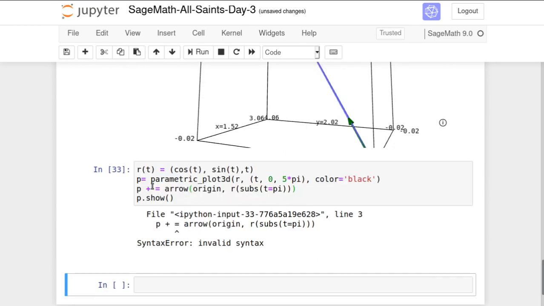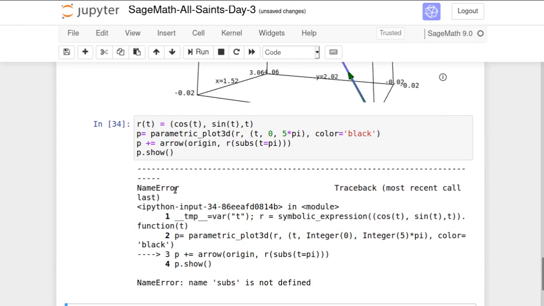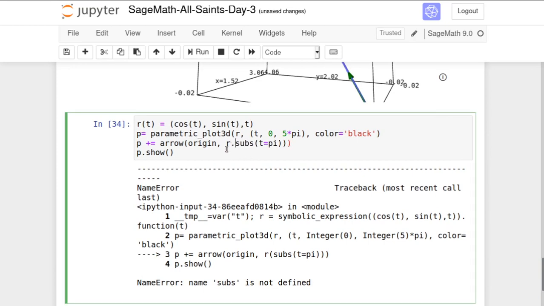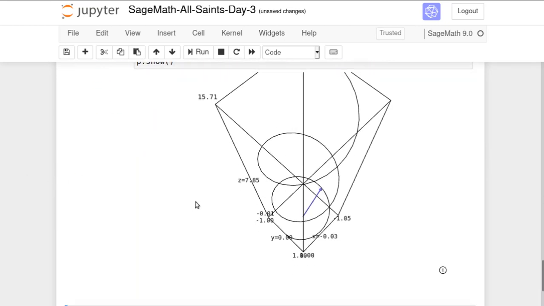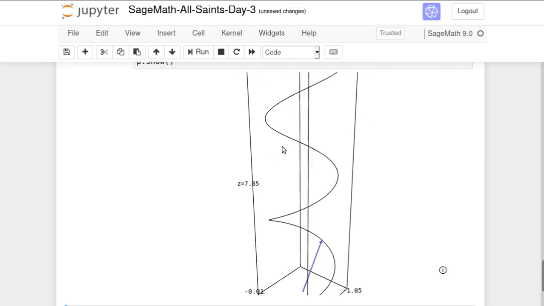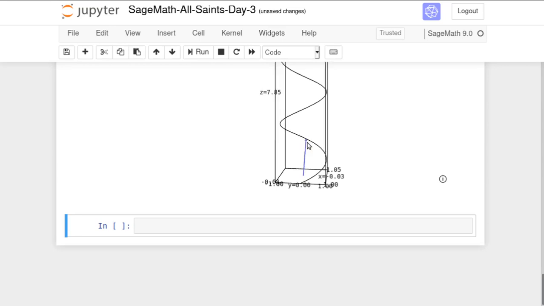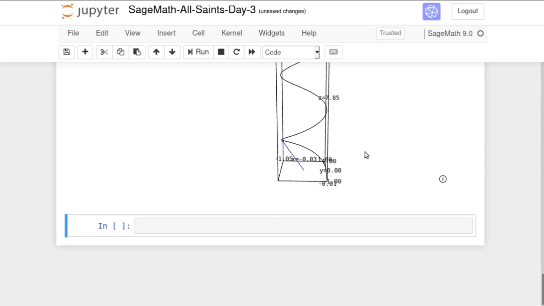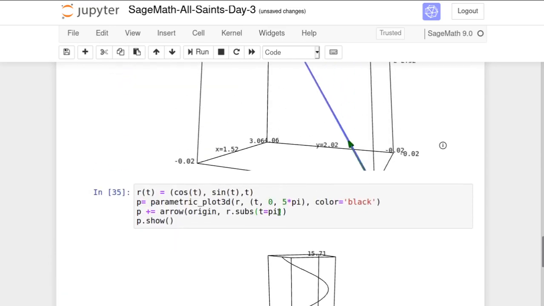P plus equal to, there is no space here, origin from r dot subs. That is from r dot substitute. You can see here, from the origin, which is the center. We should probably turn on the axis also.